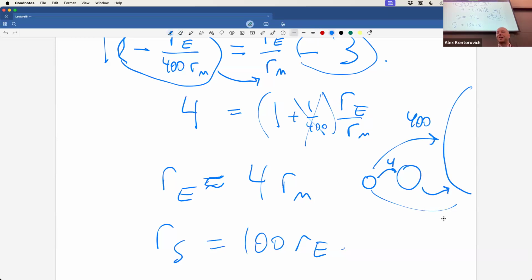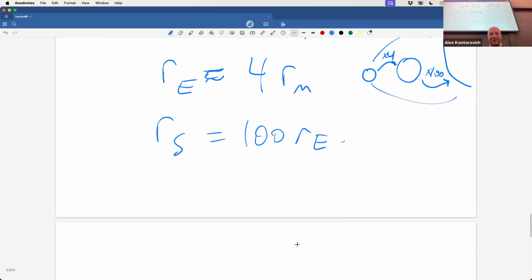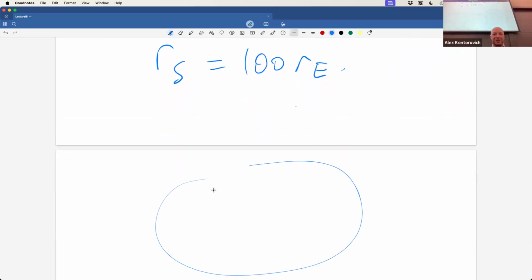So how much is it from the Earth to the sun? Factor of 100. Okay, you multiply by 4, multiply by 400. So the sun, if you think about the sun, I don't know if I can draw this. Here's the sun. And if you draw 100 Earths, 100 Earths will make their way across the sun.